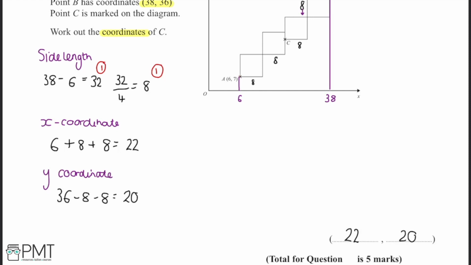And the third mark would have been for then calculating the x-coordinate correctly using this side length of 8. And the following one for finding the y-coordinate correctly from counting down from the y-coordinate of point B. And then the fifth of the 5 marks is going to be for the final correct answer given in the box as 22, 20 for the coordinates of C.